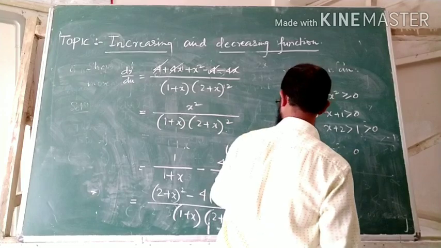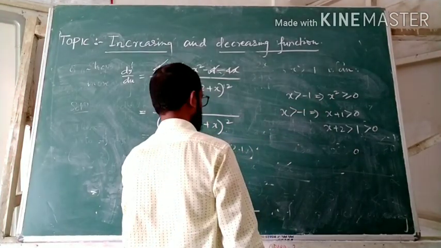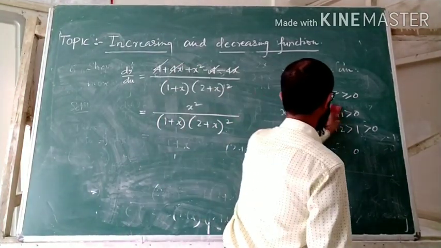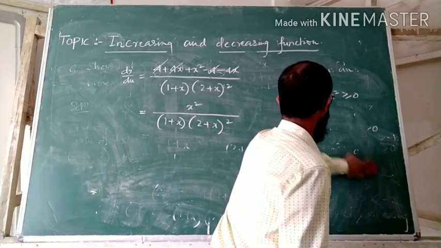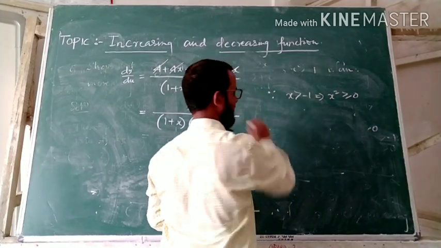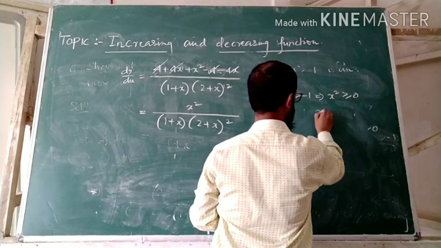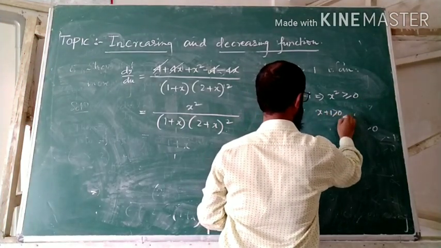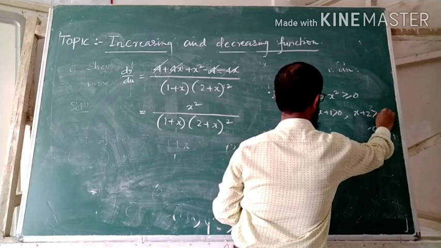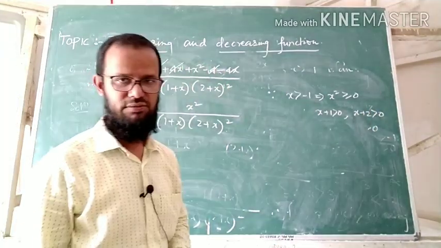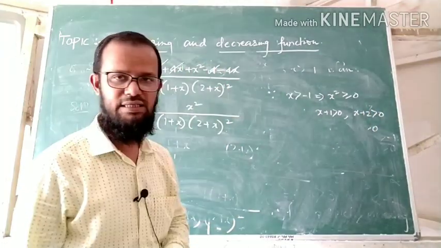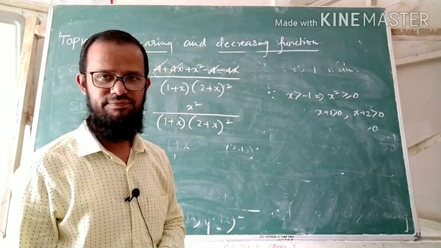So you have to write it like this: since x greater than -1 implies x square greater than or equal to 0, x plus 1 strictly greater than 0, x plus 2 strictly greater than 0. You have to write this, okay. For x greater than -1, these conditions are satisfied.